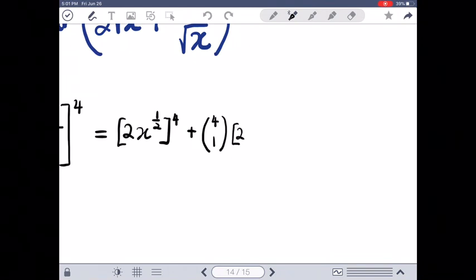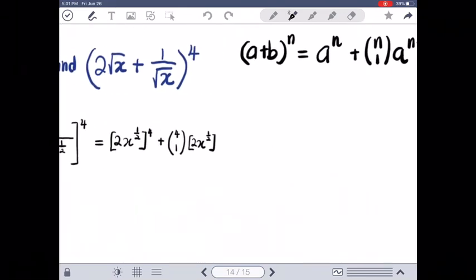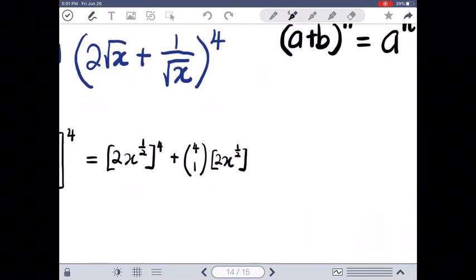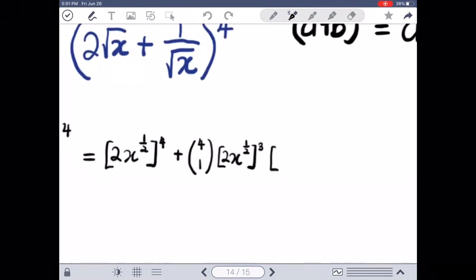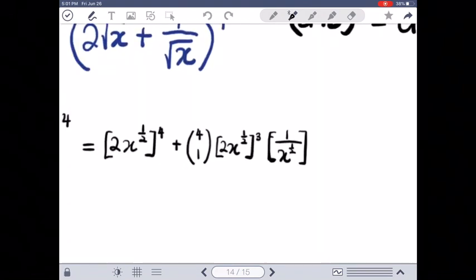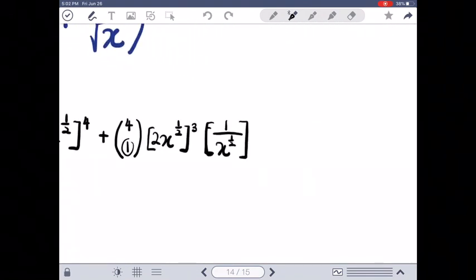A is (2x to the power of 1 over 2) to the power of n minus 1. n minus 1, 4 minus 1 is just 3. Our b is 1 over x to the power of 1 over 2, to the power of r, which is just 1 in this case.